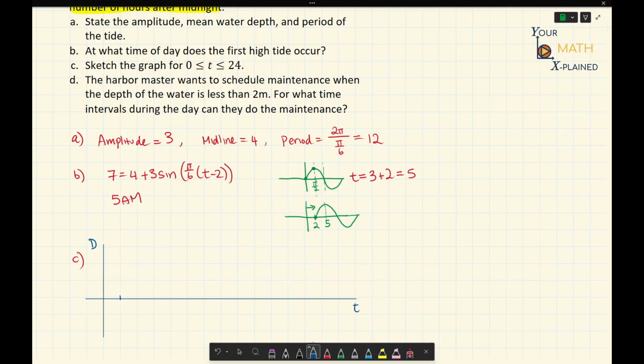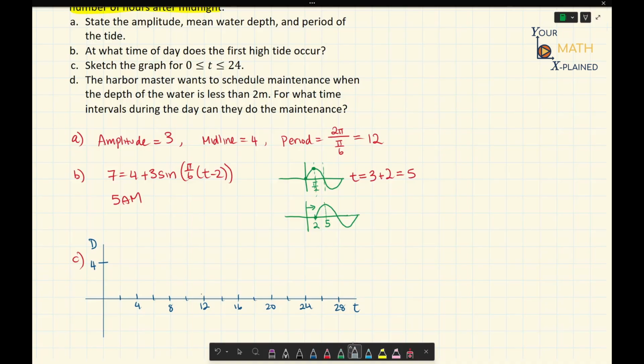Let's go ahead and say that each box is 2, so this will be 4, 6, 8, 10, 12, 16, 20, 24, 26, and 28. Our midline is at 4, so let's say 4 is here.